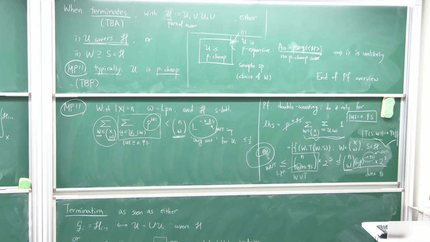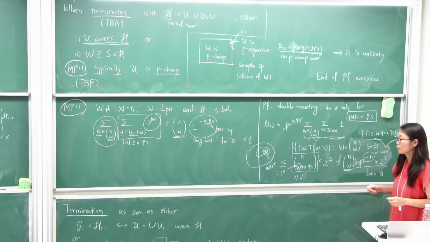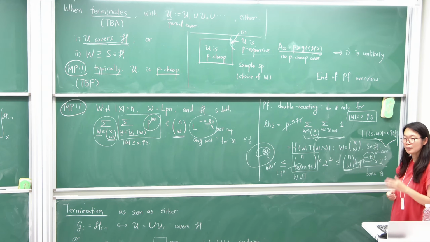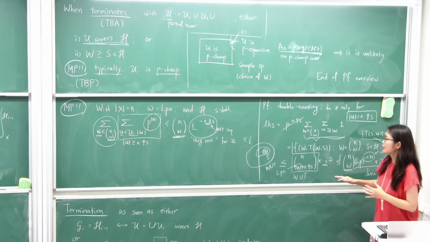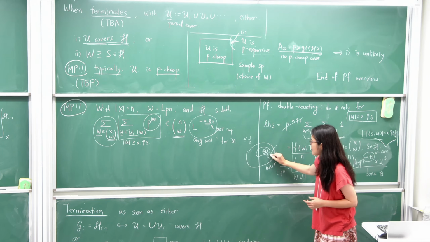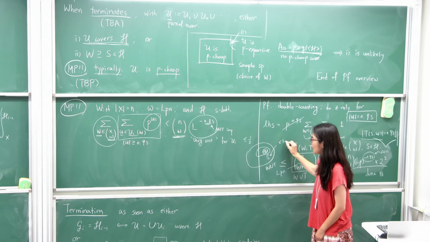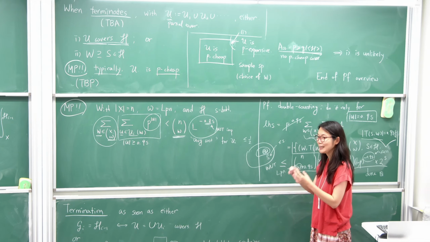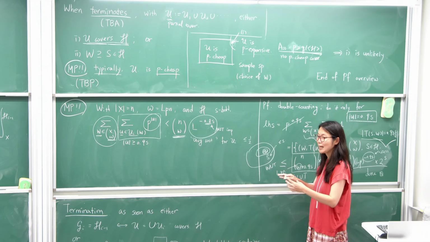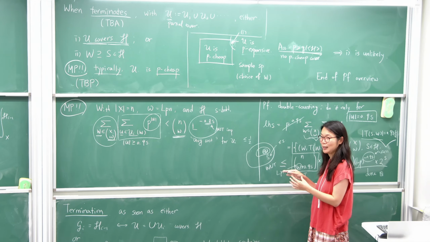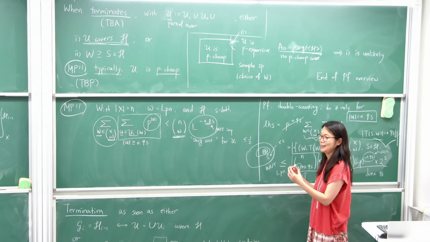Could you tell us about this 2 to the s again? I mean, the size of s in general can be larger than this small s. This is at most 2 to the s. So inside s, this has size at most s. So the number of choices for t is at most the number of subsets of s, which is at most 2 to the s, because the size of s is smaller than s.